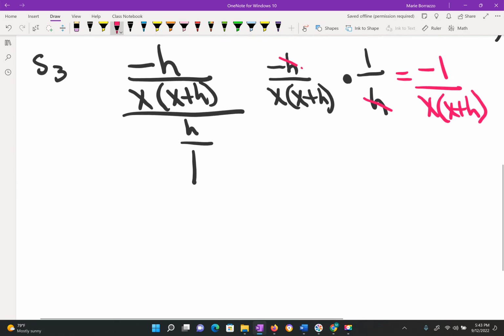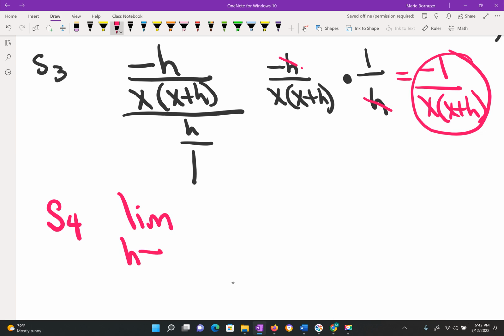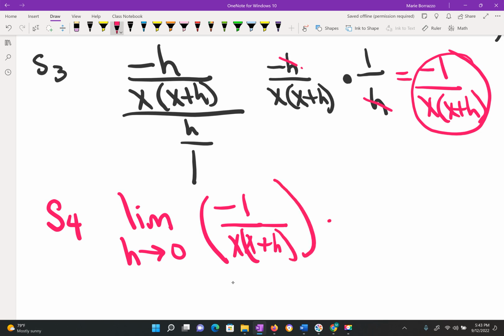Fine. This is now where we're focusing on the limit. This is step 4. So I'm going to leave it in red if that's okay with everybody. So when you look at this, you're saying the limit as h approaches 0, given the function negative 1 over x times x plus h, and then this is going to result in negative 1 over x squared, where x is never equivalent to 0.